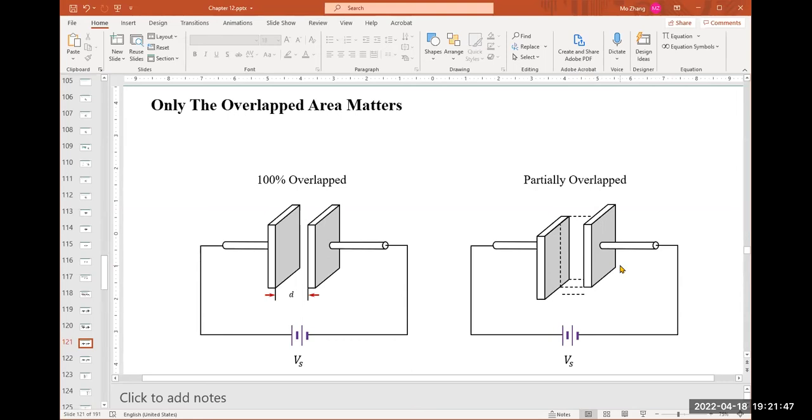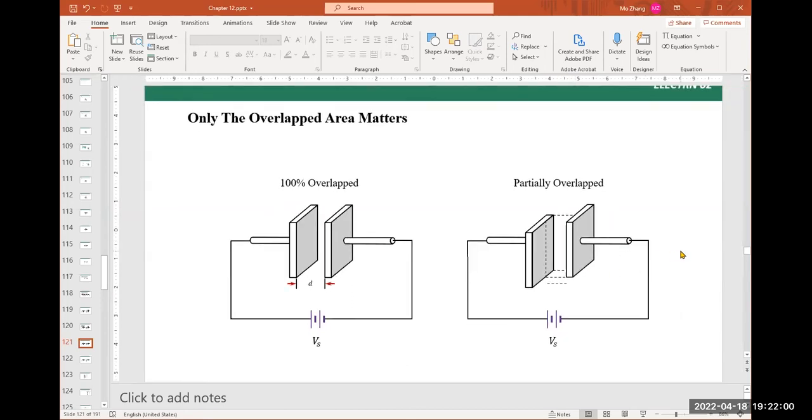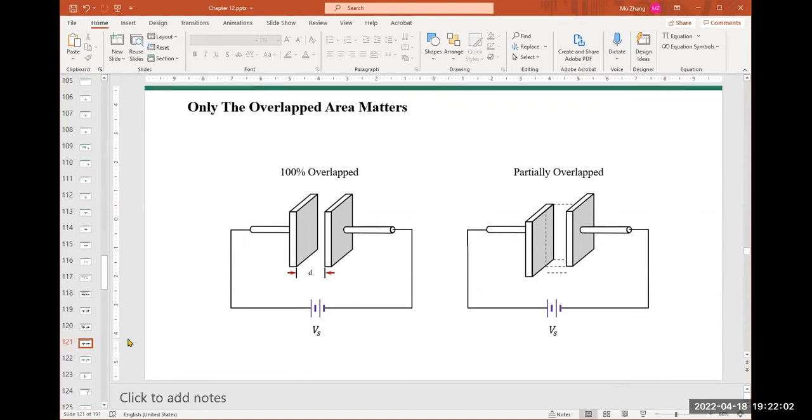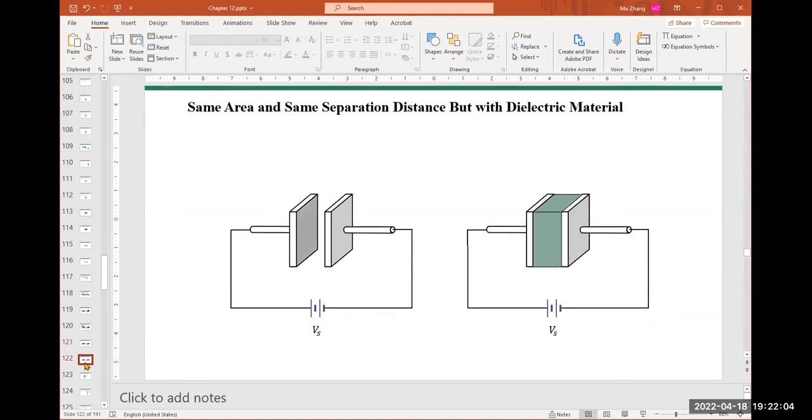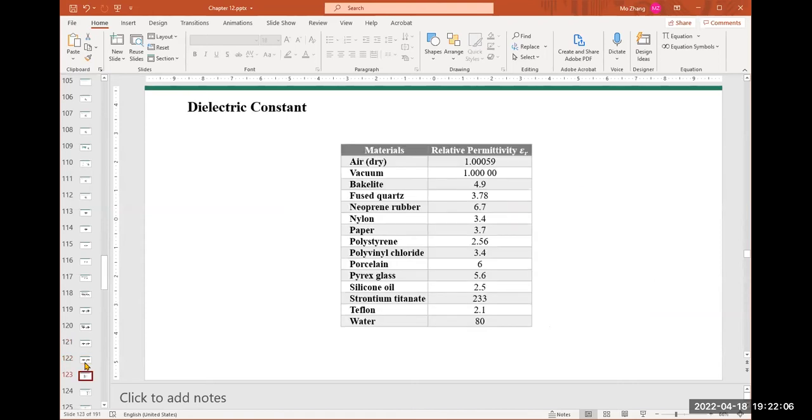Otherwise, we are wasting material and wasting space, taking additional space but degrading the capacitance, the ability of it. So that's our second trial. The third trial, not here yet. Let me see.